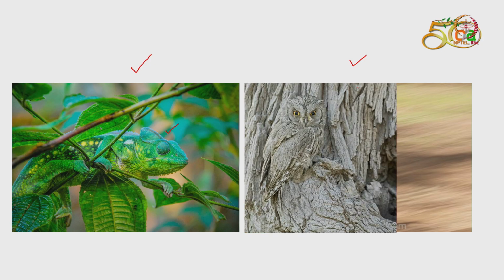Similarly, when we look at this, we have an owl here. Now what exactly happened in each of these images? Our human eye was able to look at the entire image and extract the features, and by looking at this entire image we were able to say that this is an owl.